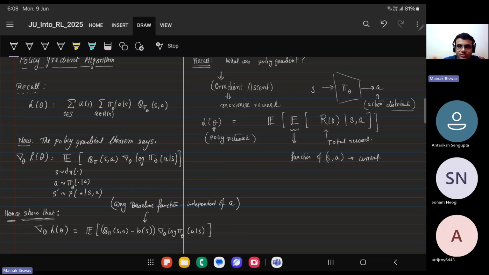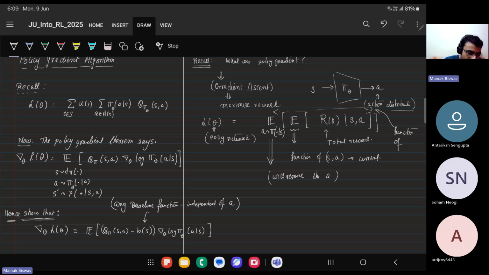Then the outer expectation will be over actions: you will sum over all the actions, given the state. This will marginalize out, will remove the action. So this entire function, the double expectation, would be a function of which random variable?